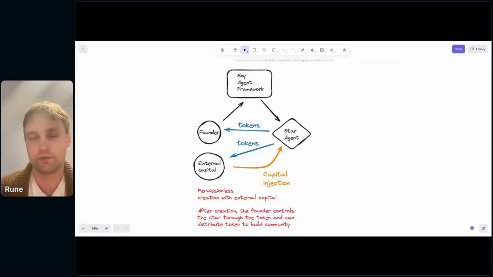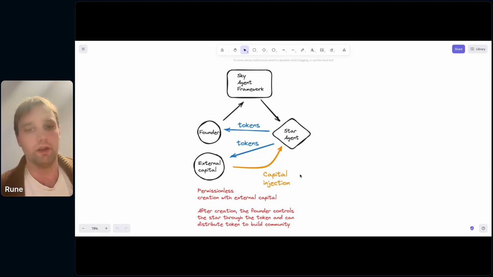All right. So first, very simply, defining the Sky Agent framework and stars, because this is a key building block to make the other pieces of the system make sense.